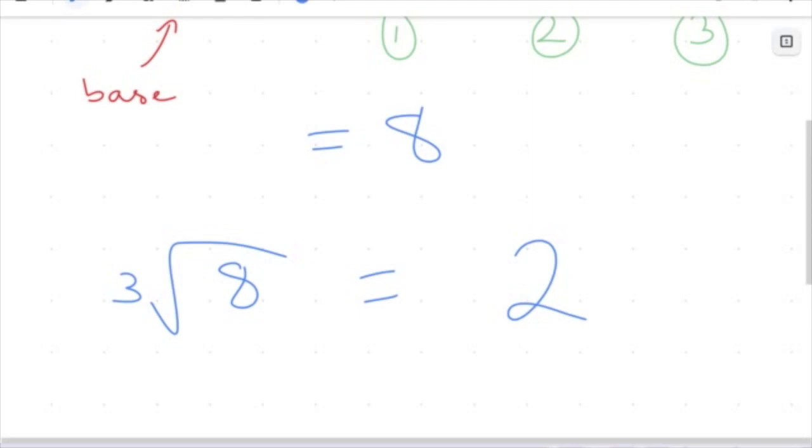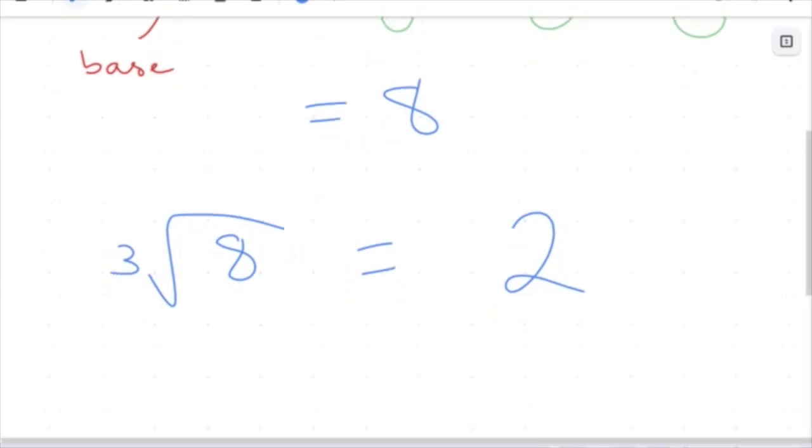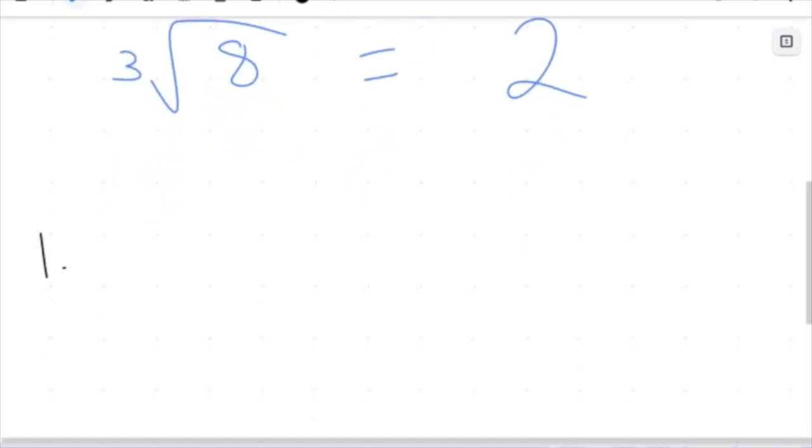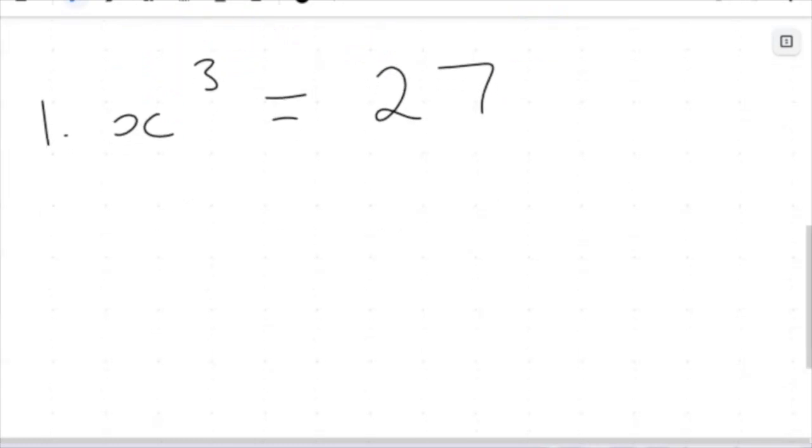So now that we have this, we're going to look at trying to solve some simple cubic equations. The first one here is going to be x cubed equals 27. Now there is a long way and a short way to do this. Taking x cubed, we're going to do this the long way just to start off with.